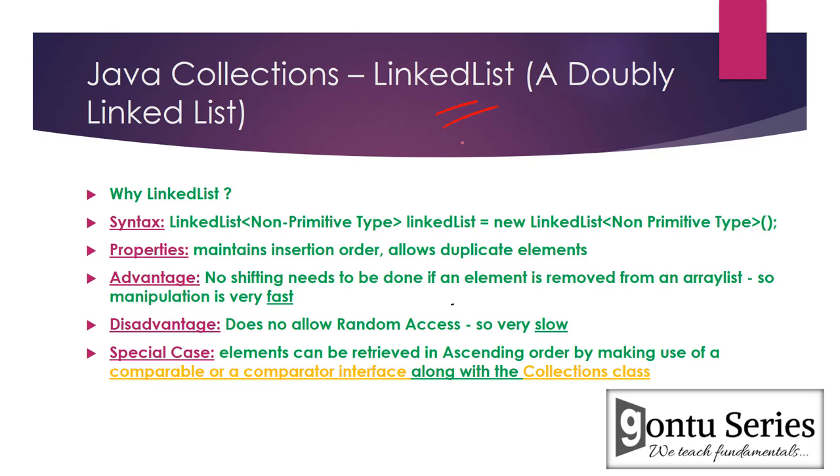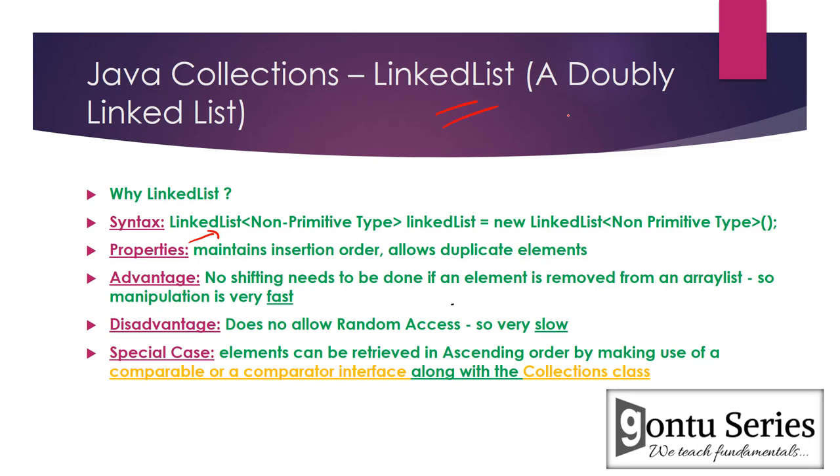Let's first try to understand the linked list concept, and the way we make use of a linked list is also going to be the same as we saw in case of an array list or a vector or a stack. We have to create a linked list object, using a syntax which you would find the same as what we saw earlier. And then we have to add elements, retrieve elements, iterate through elements, and remove elements. Everything is going to remain the same as the way I showed you things earlier.